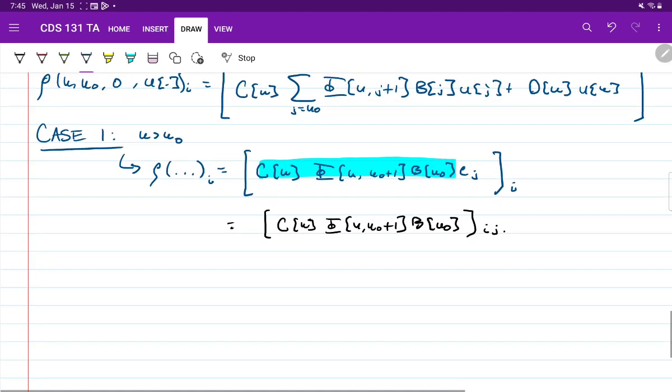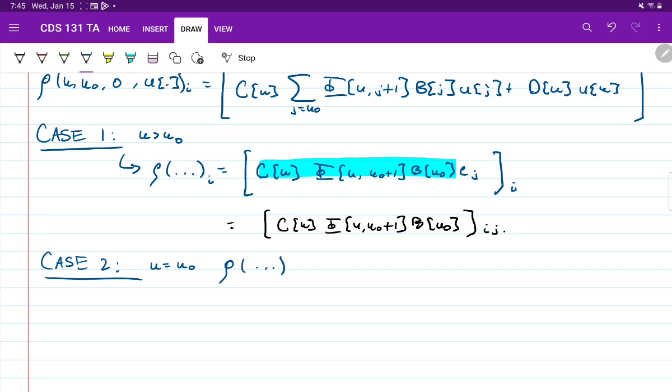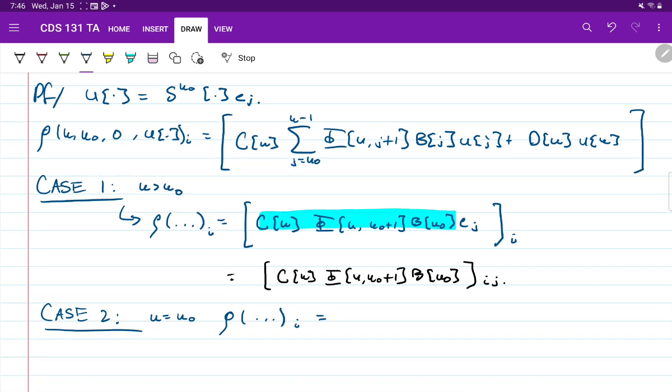For case 2, we're going to examine k equals k naught. In this case, what we'll have is rho of the same arguments above, coordinate i, will now equal what? Well, if we evaluate at k equals k naught, this sum is going to be empty, because the top index of our sum will be lower than the bottom index. So that entire sum term disappears.